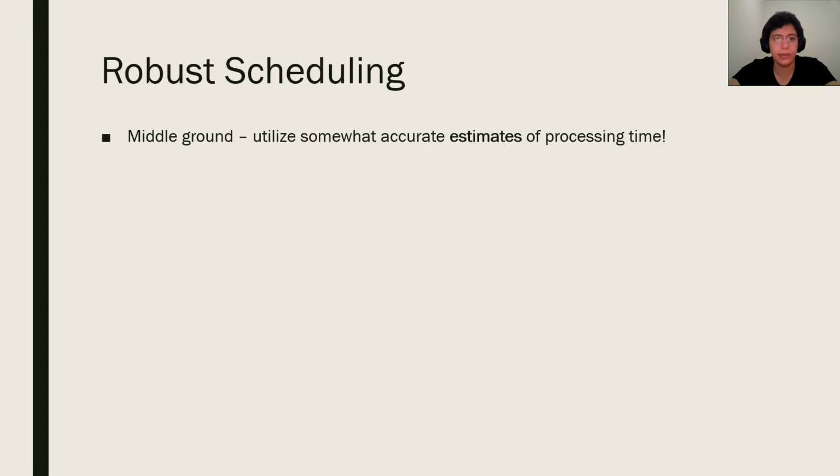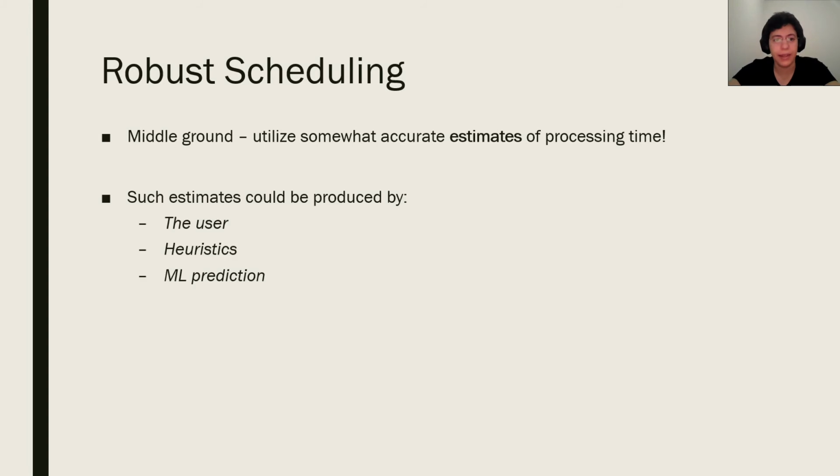We would like to get to this middle ground, so utilize somewhat accurate estimates of processing time. Such estimates could be produced by either the user as it inputs the job into the system, or by some set of heuristics, or by some sort of sophisticated machine learning prediction.